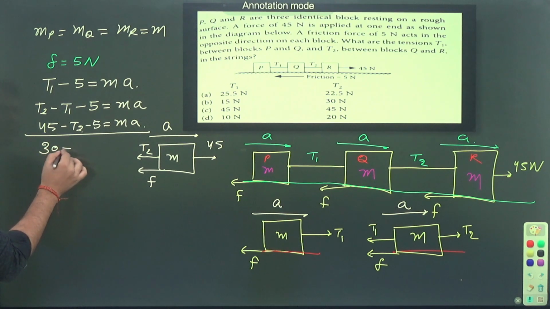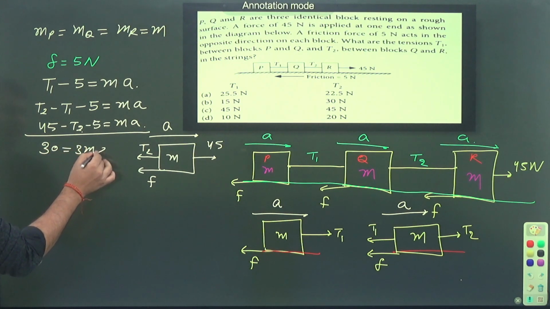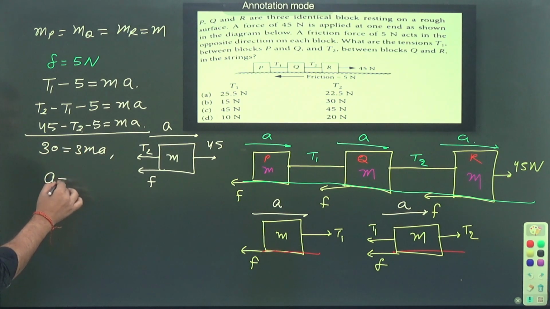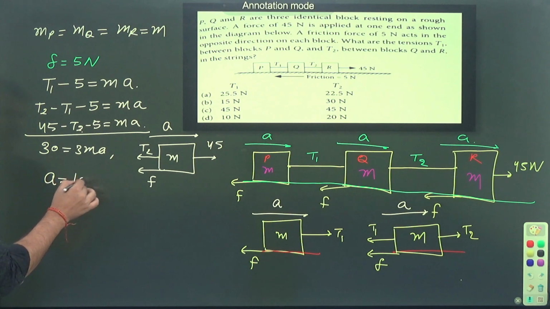So 30 equals 3 into m into A. So A equals 10 by m.